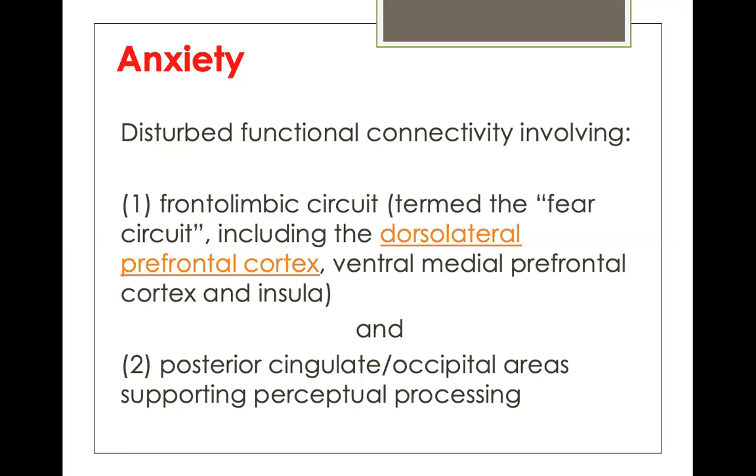So, anxiety. We're looking at disturbed connectivity between this frontolimbic circuit, which we call the fear circuitry, which includes the dorsolateral prefrontal cortex, the ventral medial prefrontal cortex, and the insula, with the posterior cingulate and occipital areas that support perceptual processing.